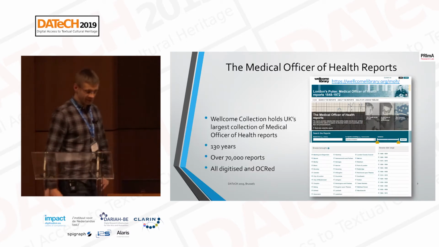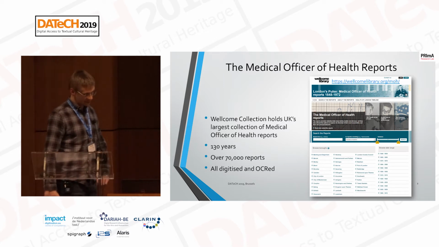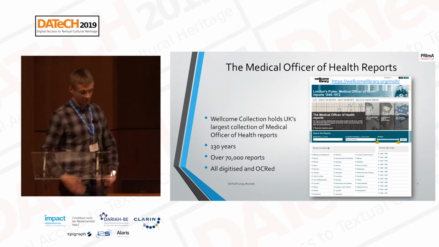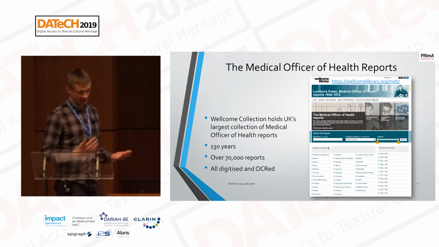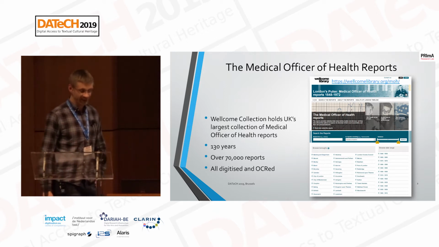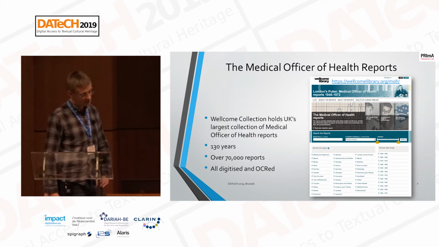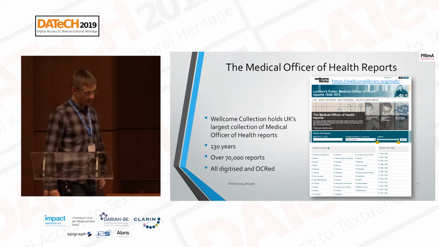So what are these reports? This is actually quite a large collection of Medical Officer of Health reports. These were officers who were instated in the UK from the 1800s onward, and so the collection covers about 130 years.